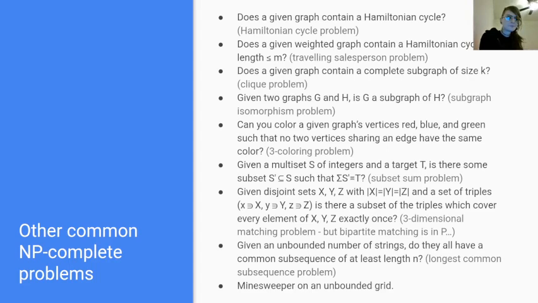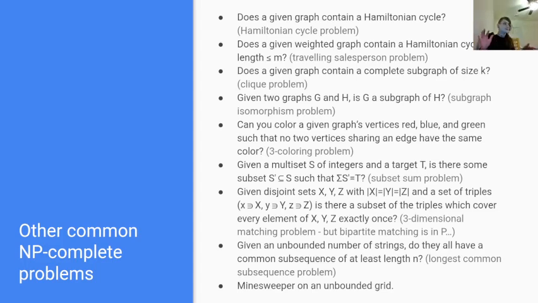Next problem. Given a multi-set S of integers, so a set that may contain duplicates, and some target number t, is there some subset S prime of S such that the sum of all of the S primes equals your target t? So you're given just a big bag of integers and you have a target number, often 0, if they're positive and negative.